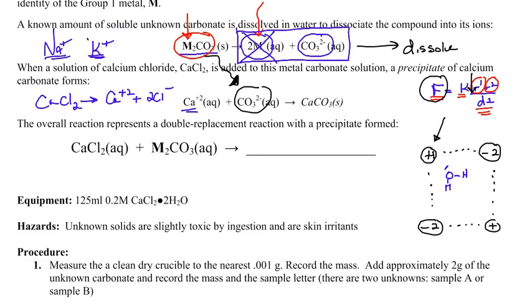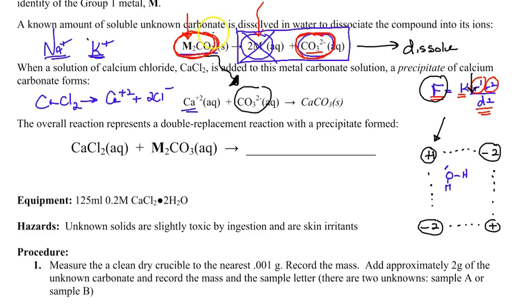What we care about is this carbonate ion, and that's what the precipitation analysis is about. We know that there is one carbonate per 2 of these potassium or sodium ions, or 1 carbonate per every one of these formulas. That's important.